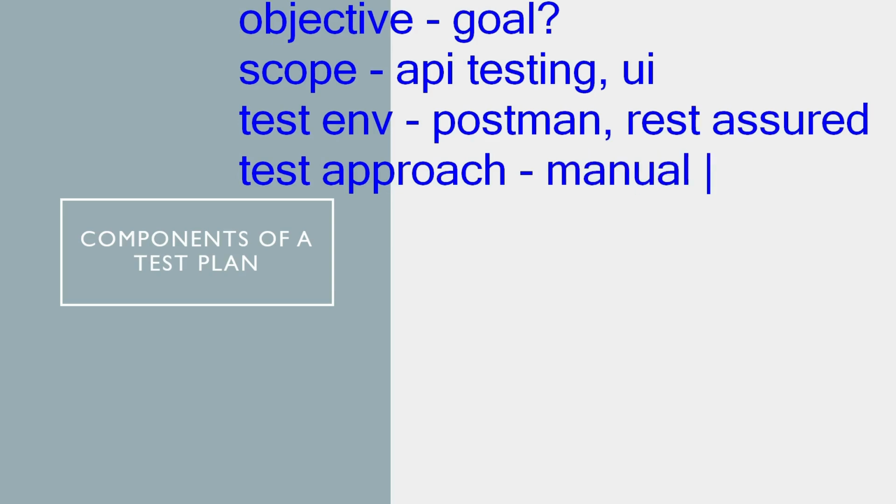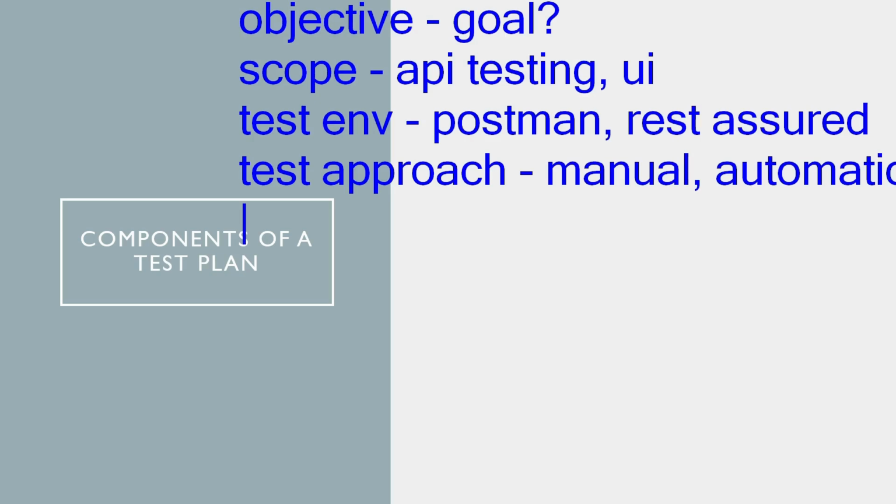All this information I'll be giving in the test environment. Next comes the test approach. I will give the approach of my testing, like what kind of testing I'll be doing: the manual testing through Postman, the automation, and what all different kinds of testing I'll be doing. For example, if I'm doing performance testing, I'll write performance testing in my test approach here as well.